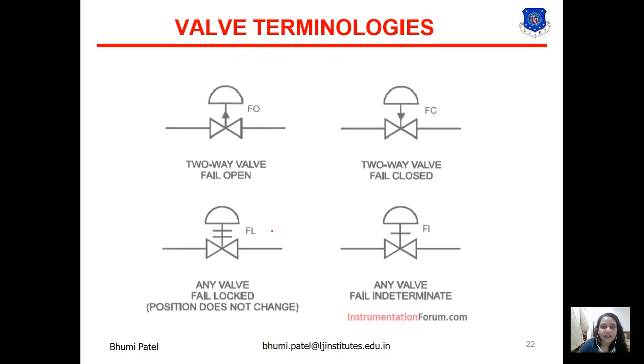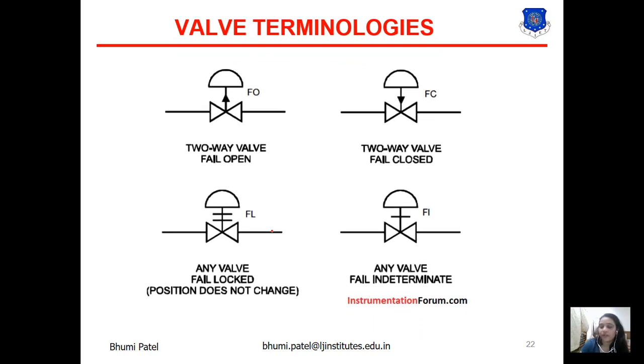In the next slide you can see the diagram for fail open. The arrow is outside and the symbol for fail open is like this, and the tag name is FO. This is the two-way valve fail open. Now, same as this, is the two-way valve for fail close.